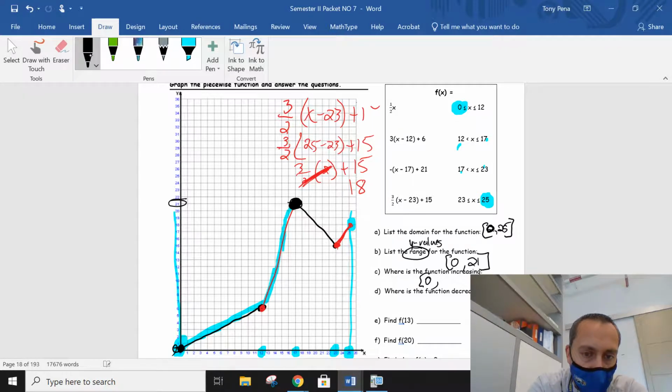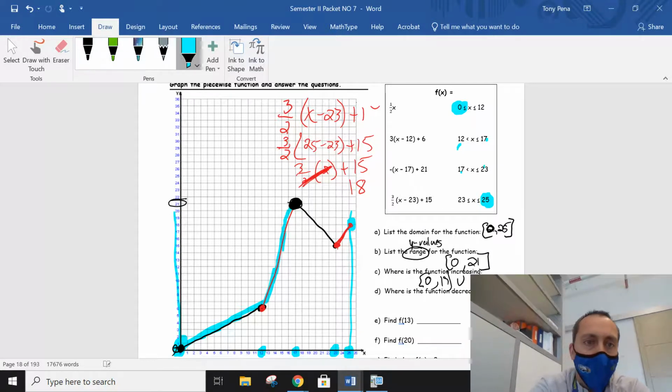So from 0 to 17 we increase, but we also increase again over here at the end. That little line segment starts at 23. And that line segment ends at our end of our domain of 25.